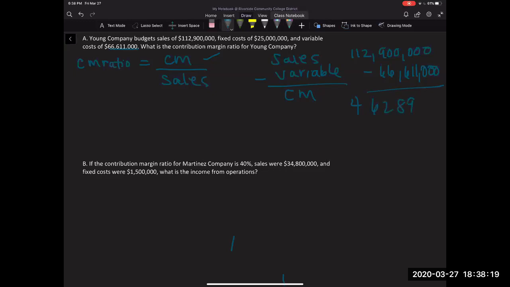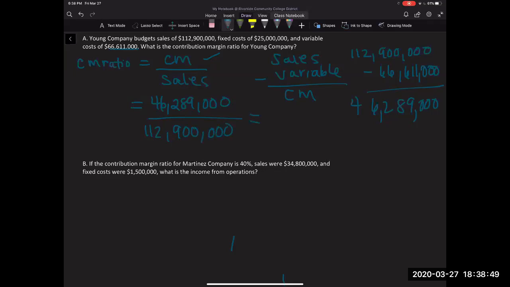Once I do this calculation, our answer comes up to 46,289,000. Hopefully you came up with the same. Now that we have our contribution margin, we can plug it into our formula: 46,289,000 divided by our sales amount, which is 112,900,000.